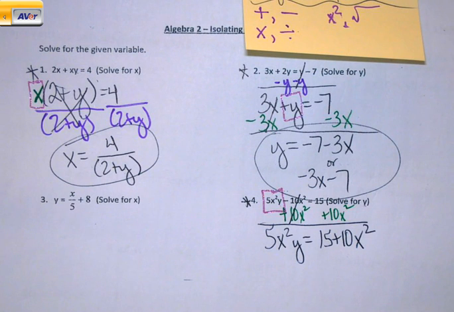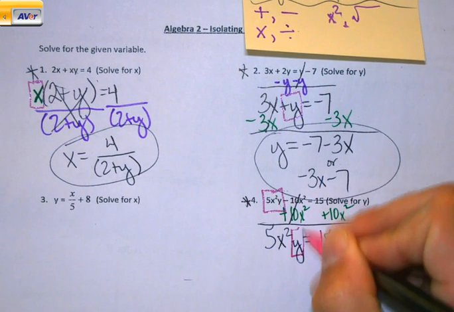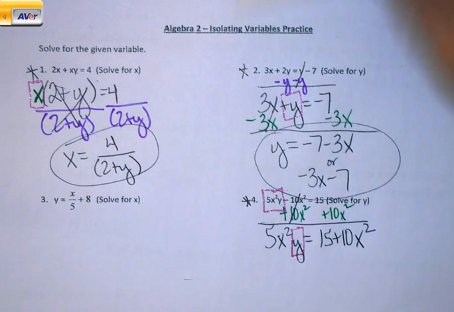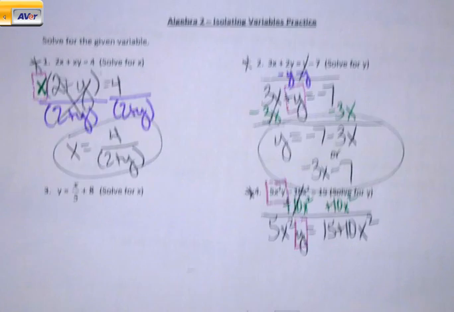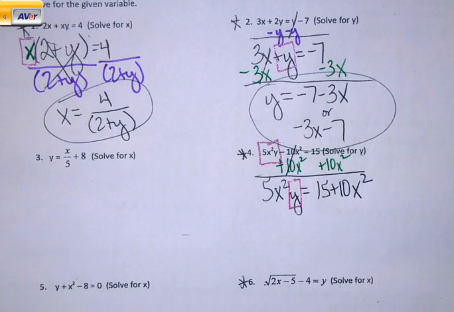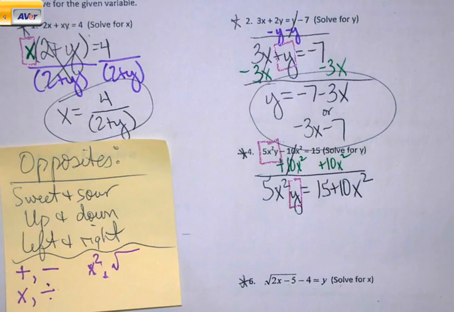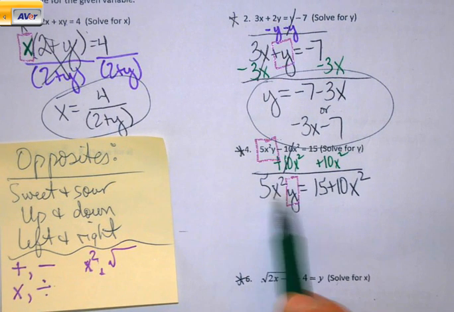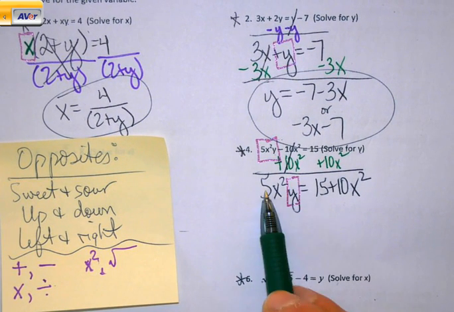So now again, I'm solving for y. So now, if I get y on there by itself, let's see, let's get this over here. What am I doing to y? I don't see any pluses or minuses in here, so I'm not adding or subtracting.